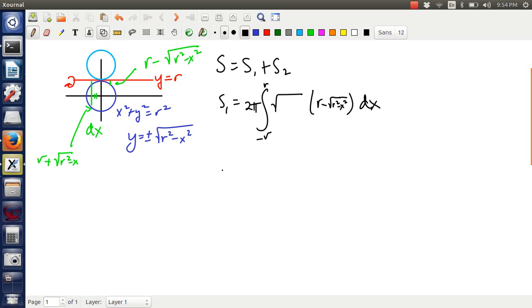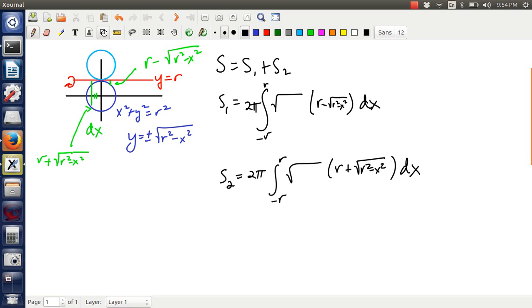S2 is going to look very similar. Our integral piece is going to look the same, so it'll do double duty. But then we're going to have r plus the square root of r squared minus x squared. This piece, there we go. Okay.